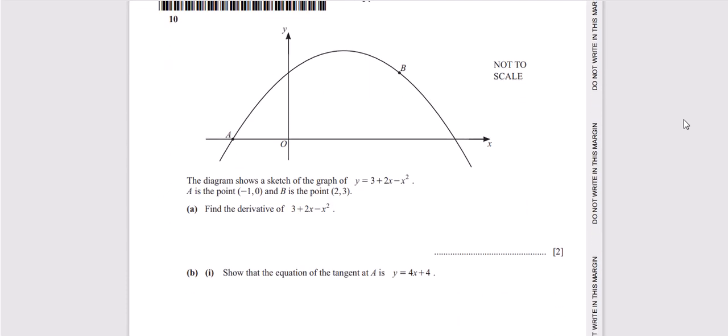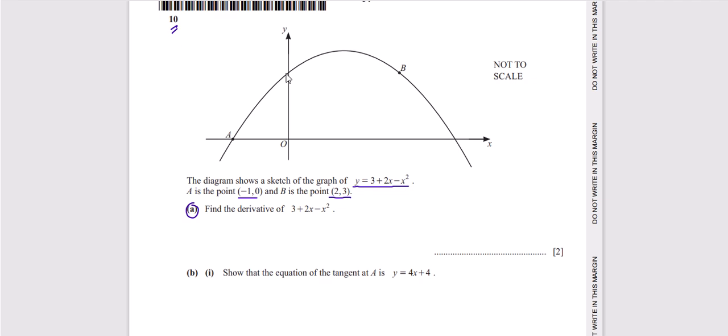Question number 10. The diagram show a sketch of the graph y is equal to 3 plus 2x minus x square. A is a point -1 and 0 and B is the point 2, 3. First of all, question A is find the derivative of this one.